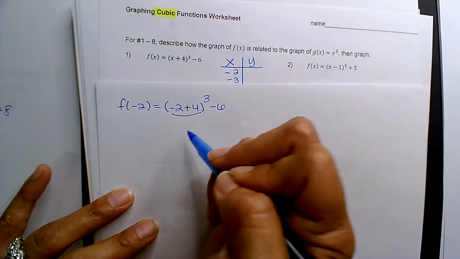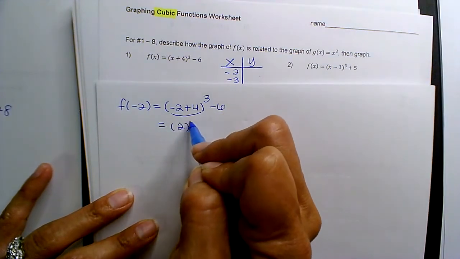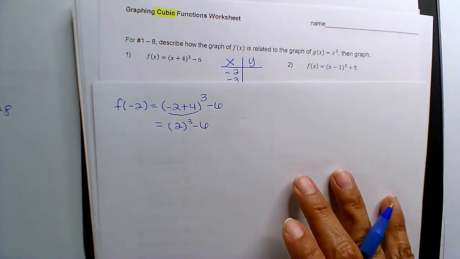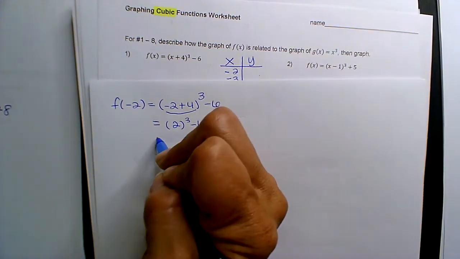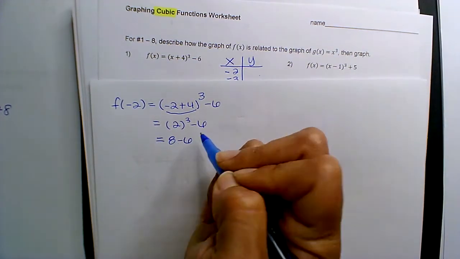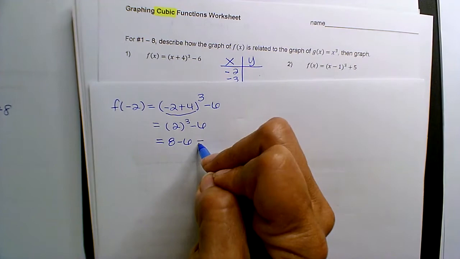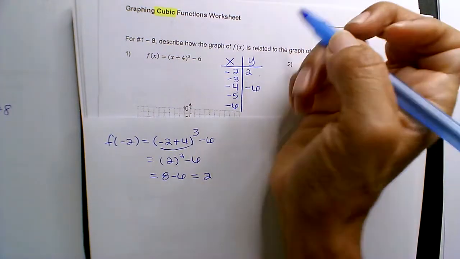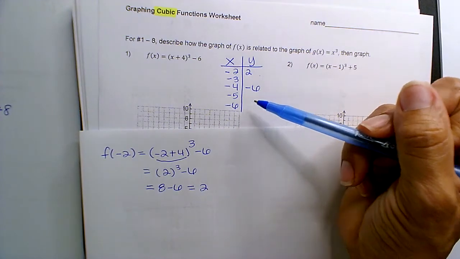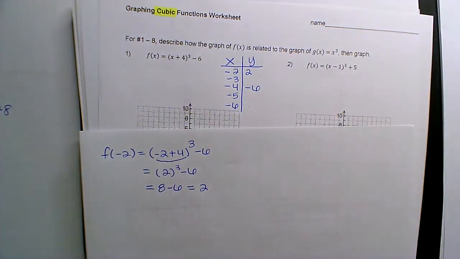Parentheses inside first. So that's 2 cubed minus 6. So what's 2 cubed? 2 times 2 times 2. 8. Yeah. And at any time, you could grab a calculator. And so I get 2. So -2, 2, but do not put the 2 here. They're all going to be different.